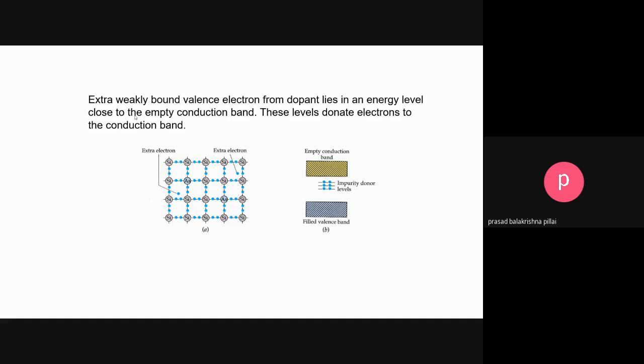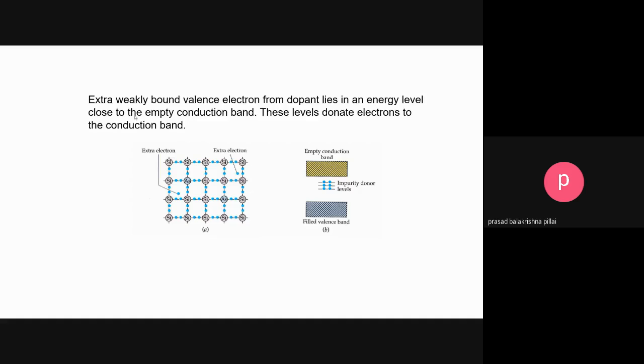That is one point we are going to discuss. That is why, on the right hand side in the diagram, you can see the donor levels shown as multiple levels. We'll see that it is not multiple levels, but a single level; we'll come to those details a little later. One important thing to understand is that they form a level very close to the conduction band or very close to the valence band, so that they can give electrons to the conduction band or holes to the valence band.